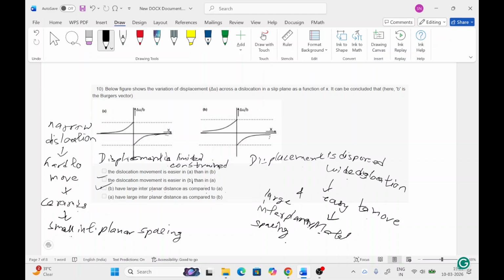So the larger interplanar spacing in wider dislocations is generally found in metals. So from this concept, we can say that the dislocation movement is easier in B than A, and B has larger interplanar spacing as compared to A.